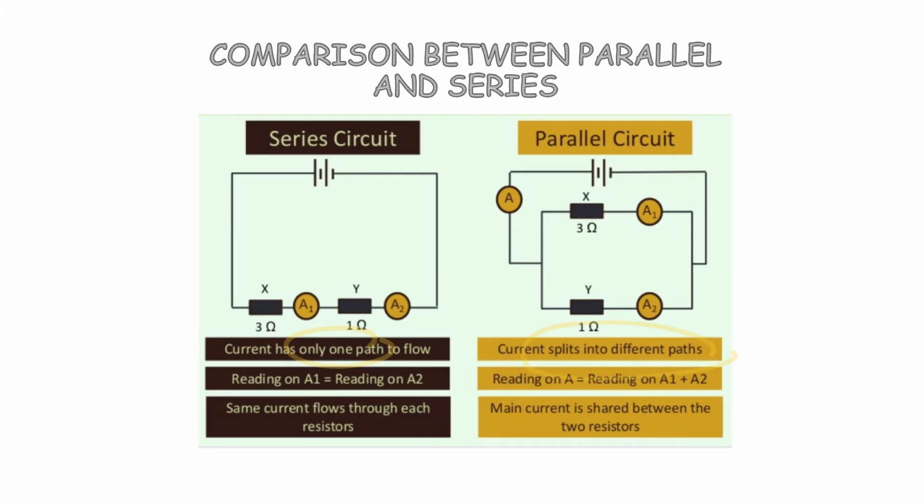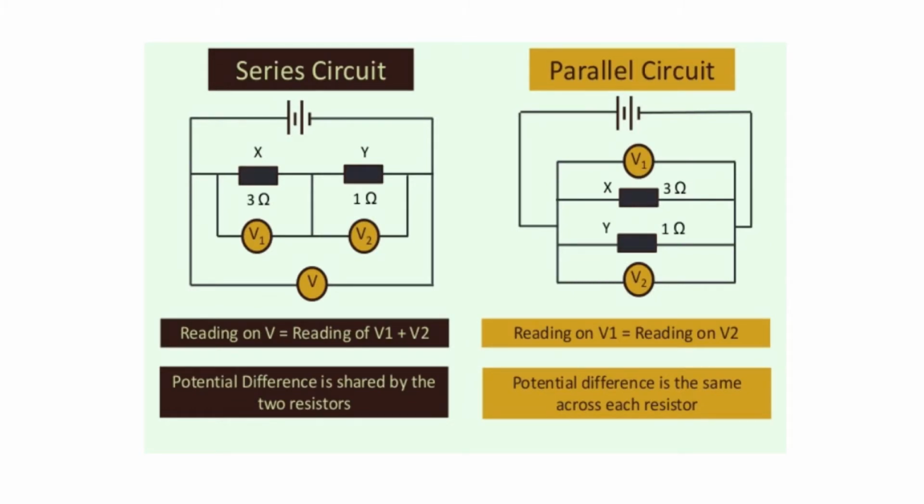That's the reason why you are going to get the same current for series but different current for parallel. But potential difference is basically vice versa. For the series, the potential difference is going to be different, but for the parallel, the potential difference for each resistor connected in parallel is going to be the same.